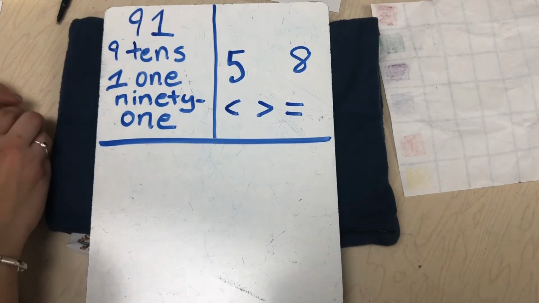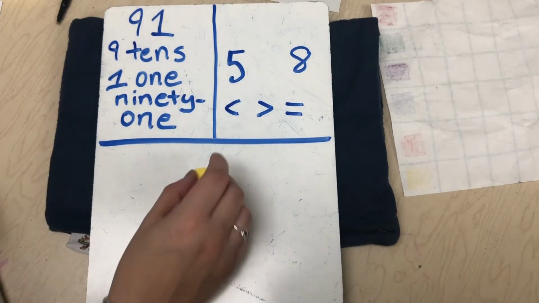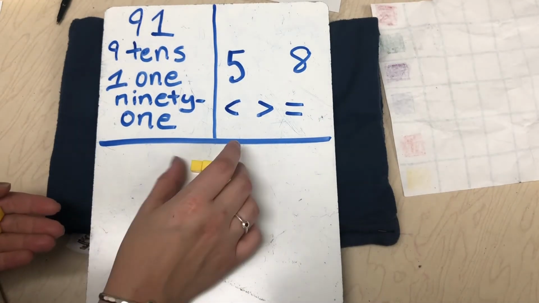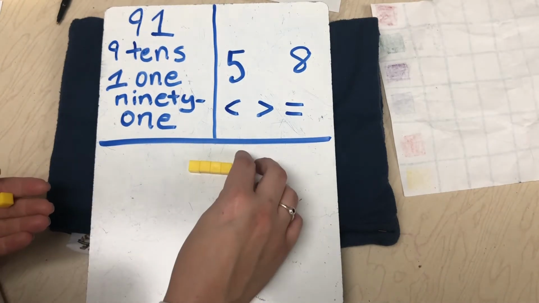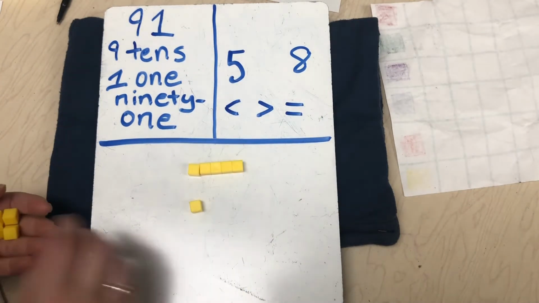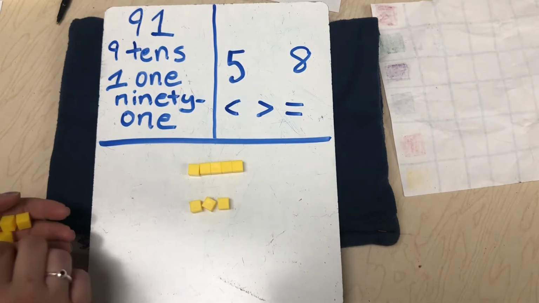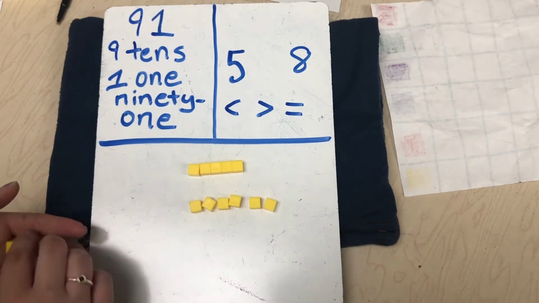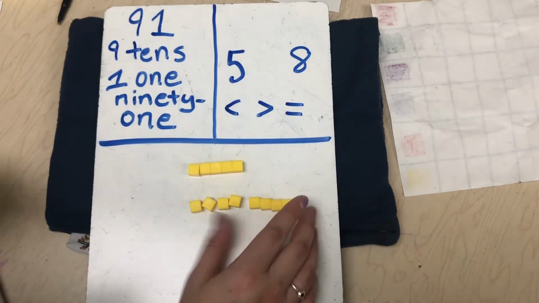Let's pull out our blocks over here. So we've got 1, 2, 3, 4, 5. And then let's count out 8. 1, 2, 3, 4, 5, 6, 7, and then 8.